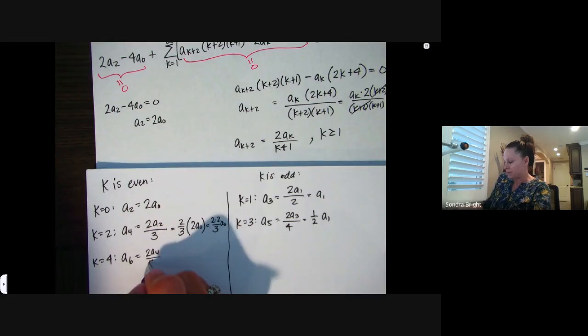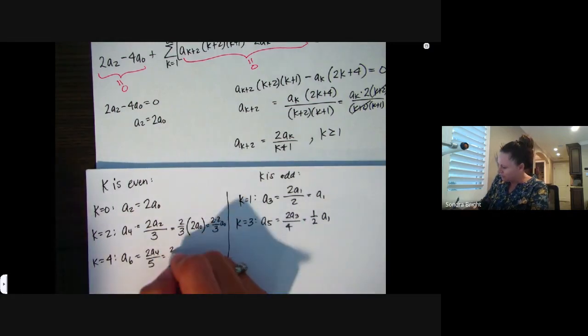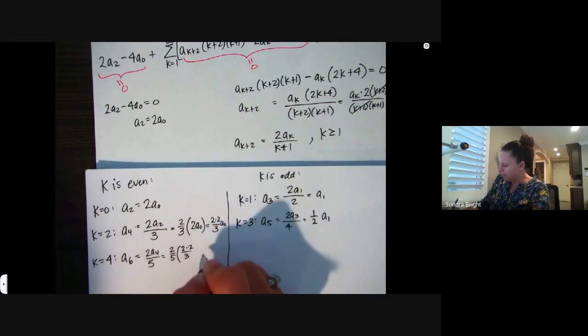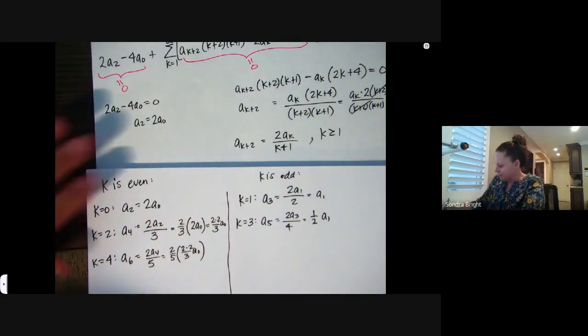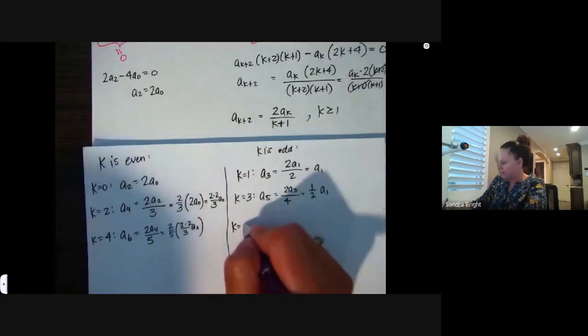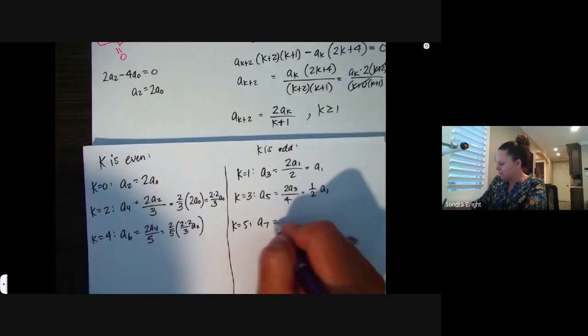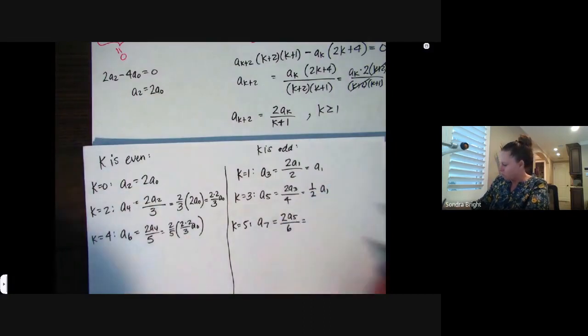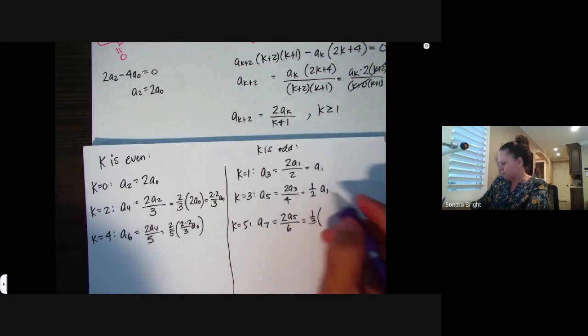But we know what A4 is. So this is a 2/5 times 2 times 2 times 3 A naught. All right, when K is 5, you would have A7 is equal to 2A5 over 6. So that's a 1/3 times A5, but A5 was 1/2 A1.